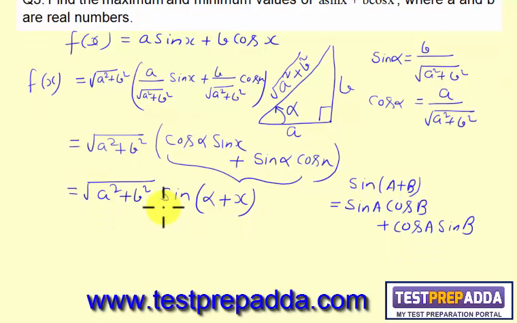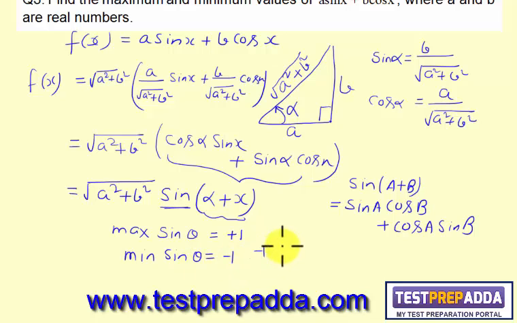sine of any angle, what is the maximum value? Maximum value of sine for any angle is plus 1 and minimum value of sine of any angle is minus 1. Minus 1 less than or equal to sin theta less than or equal to plus 1.